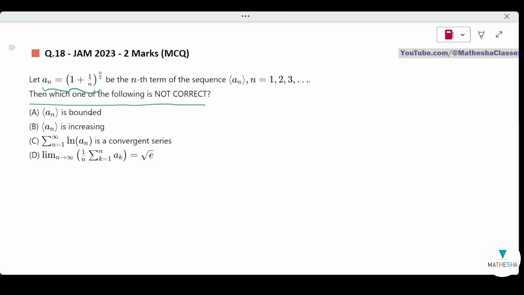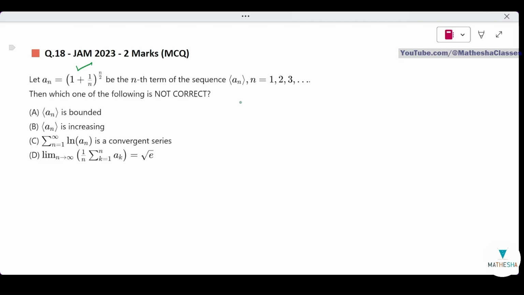First option is an is bounded, second is an is increasing, third is summation log an is a convergent series, and fourth is limit n tends to infinity 1 upon n summation k running from 1 to n of ak is under root e. So first, we'll try to calculate the limit of this sequence.